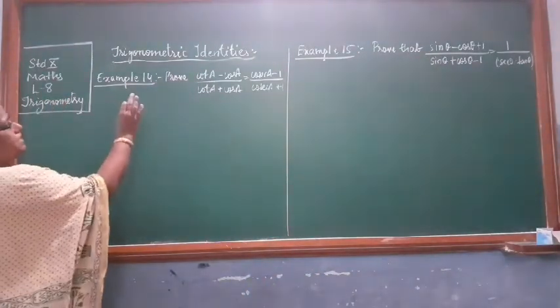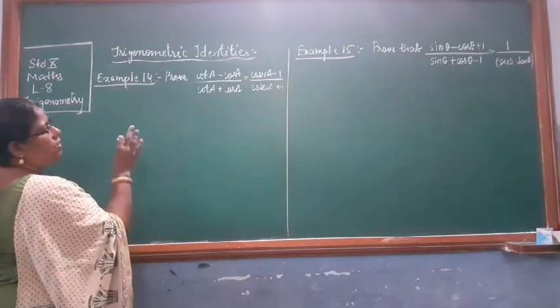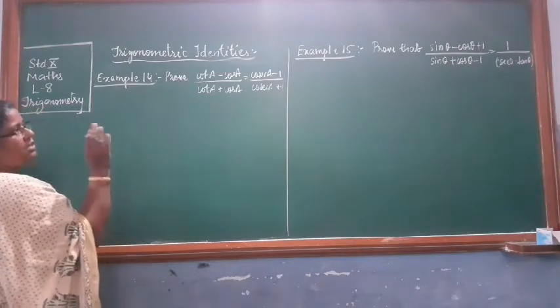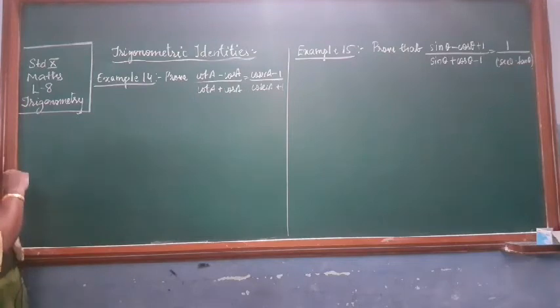So what does 14 say? Prove that cot A minus cos A upon cot A plus cos A equals cosec A minus 1 upon cosec A plus 1.